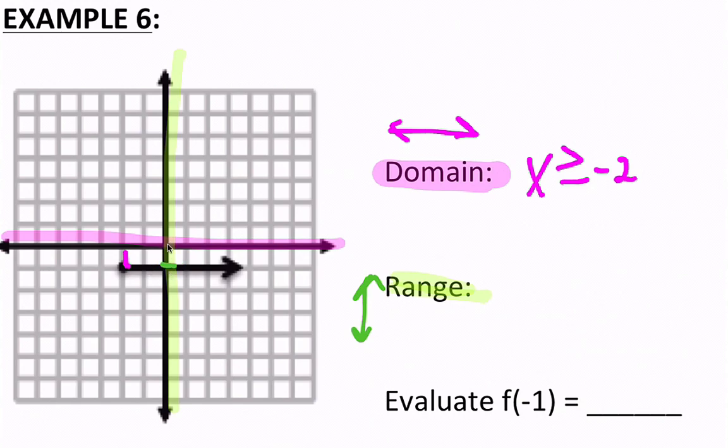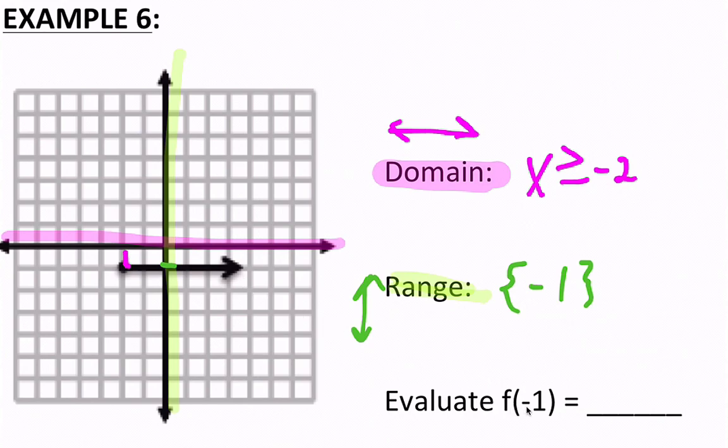So here's my origin, that is down 1, which is a -1, and that's the only height it is. It's the same height all the way across, right? So my range is only -1. Or you could put y equals -1, either one.